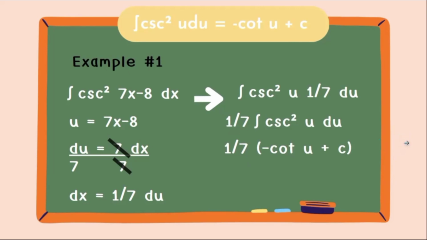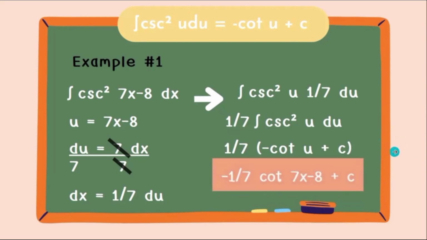So, magiging negative 1 over 7 siya and ibabalik lang natin yung value ng u and add sa c. So, magiging ang final answer ay negative 1 over 7 cotangent 7x minus 8 plus c.